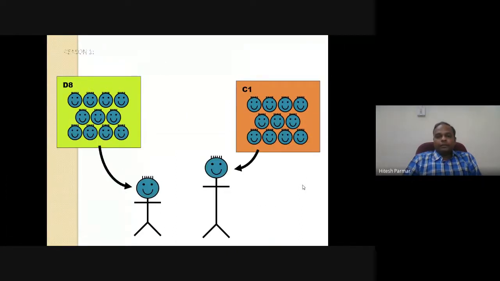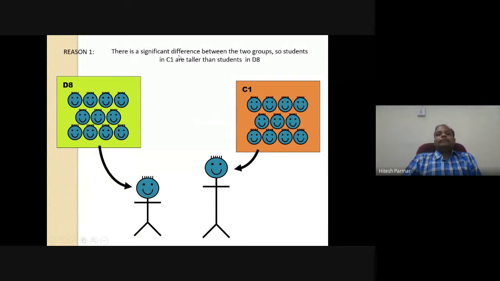So let us explore. Reason number 1 can be there is a significant difference between the 2 groups. So students in one group are taller than the students in another group. The age groups are different. So one group is having 7 years of age and the second group is having 11 years of age.